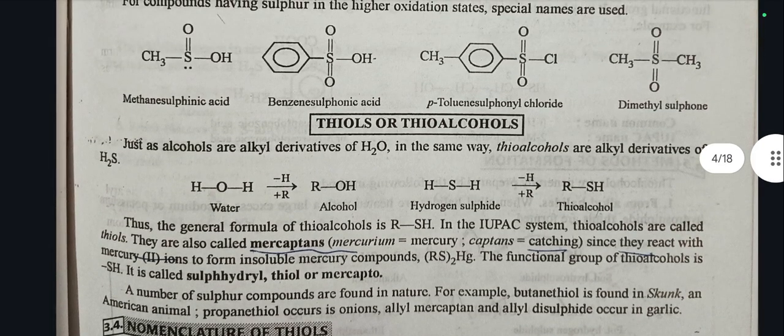Thiols or thioalcohols. Just as alcohols are alkyl derivatives of H2O, in the same way thioalcohols are alkyl derivatives of H2S. From water, H comes out and the R part attaches, giving ROH. This is the alkyl derivative of H2O, and the same we do with hydrogen sulfide, H out and plus R, giving RSH. Thus, the general formula of thioalcohols is RSH. In the IUPAC system, thioalcohols are called thiols.